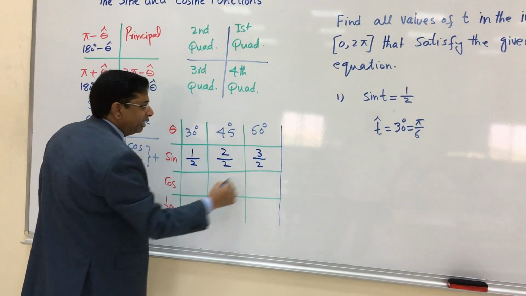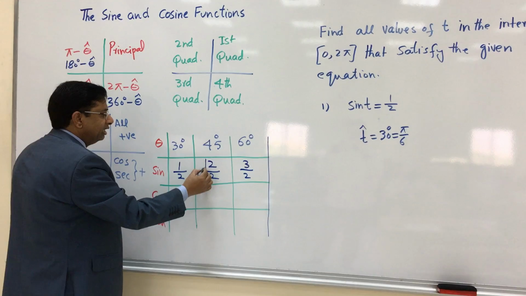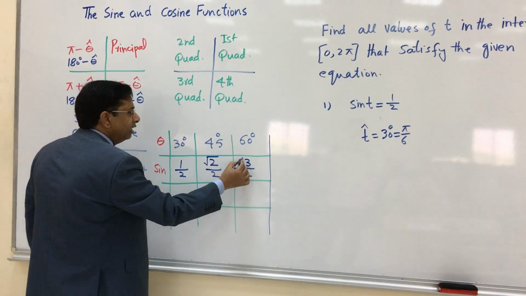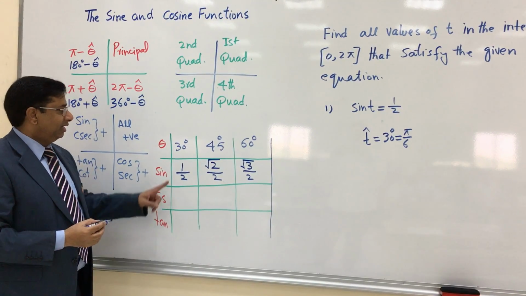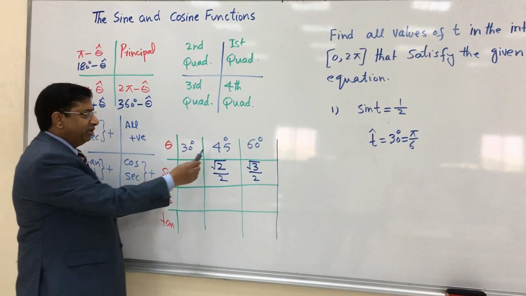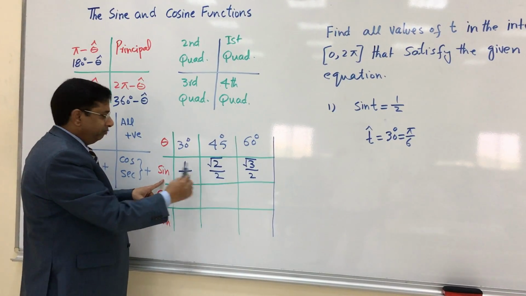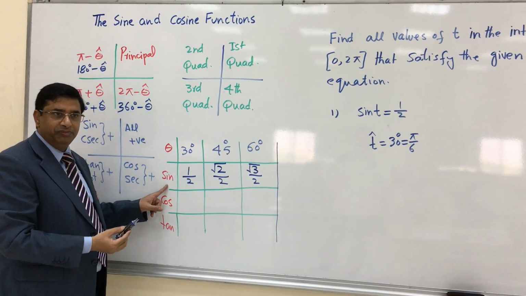Divide all these numbers by 2. Then take the square root. Square root of 1 is 1, so I leave it as it is. I write the square root of this one, the square root of this one. So it's so simple to say the value of sine 30 is half, sine 45 is square root 2 over 2, sine 60 is square root 3 over 2.